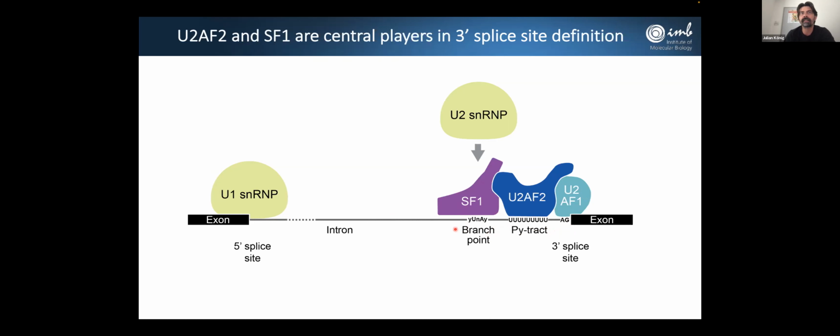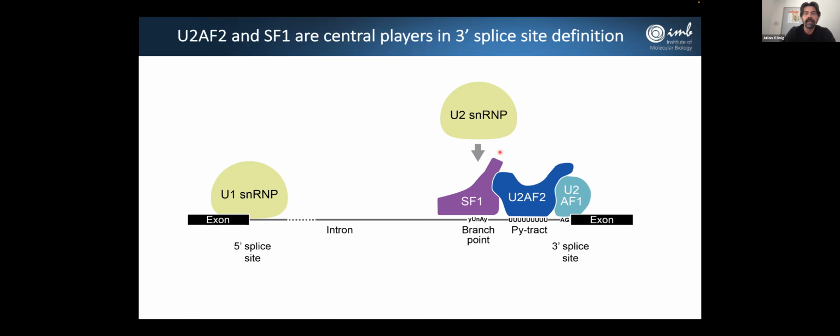SF1 recognizes the branch point that is important for the catalysis, and U2AF2 recognizes the polypyrimidine tract that is immediately upstream of the splice site. These proteins then recruit the U2 subunit of the spliceosome, which then together with the U1 snRNP initiates further the splicing steps.